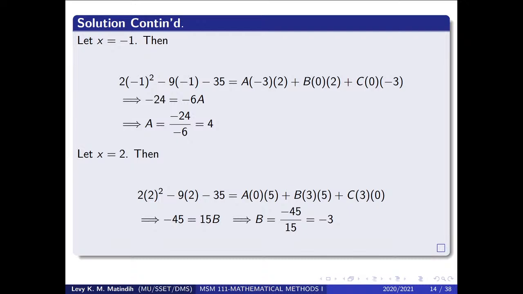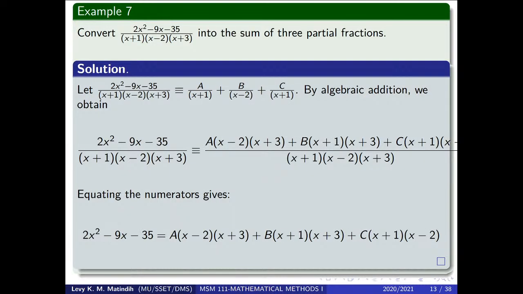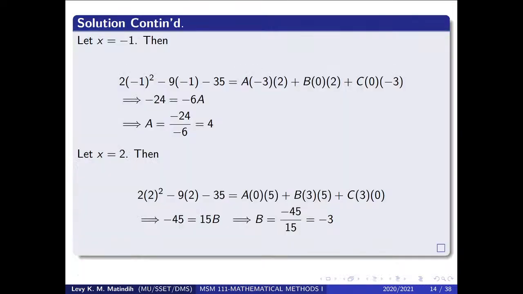Then we get 2 multiplied by -1 squared minus 9 multiplied by -1 minus 35 is equal to A multiplied by -3, then multiplied by 2, because when I substitute x as -1, I have a -3 and a 2 here. Here I have a 0 and a 2. Again, I have a 0 and a -3. This means the B and the C vanish, because they are multiplied by 0.